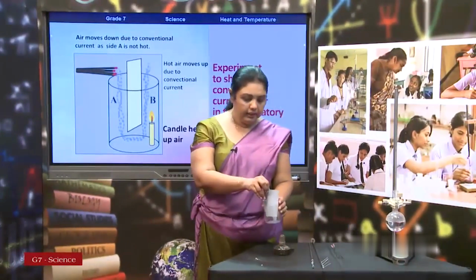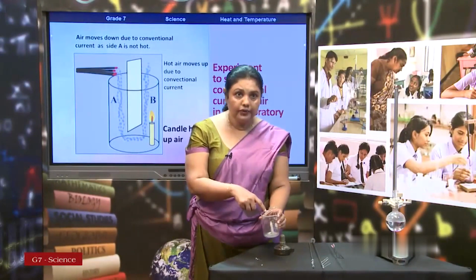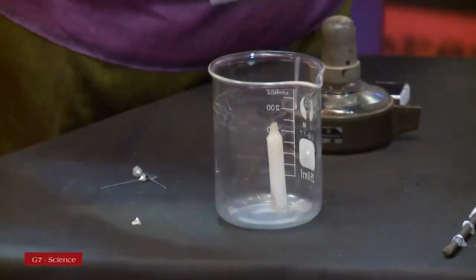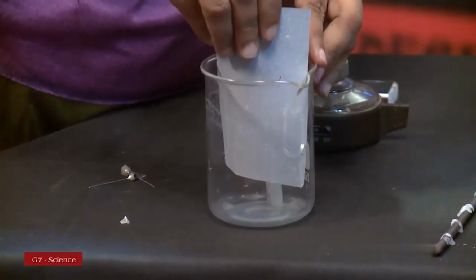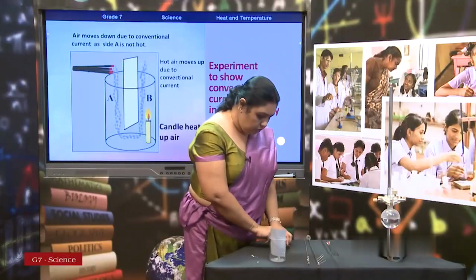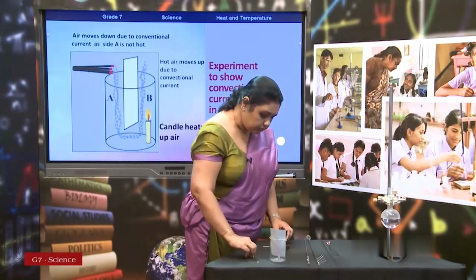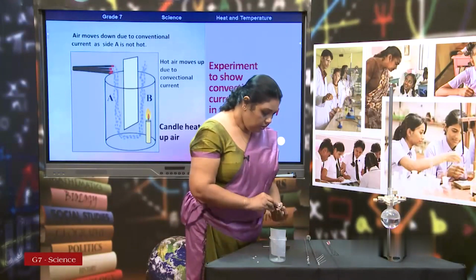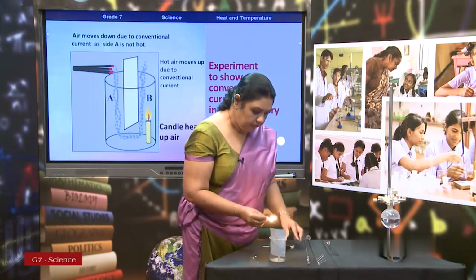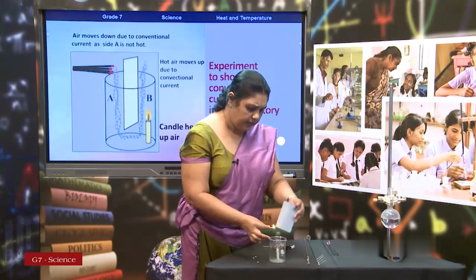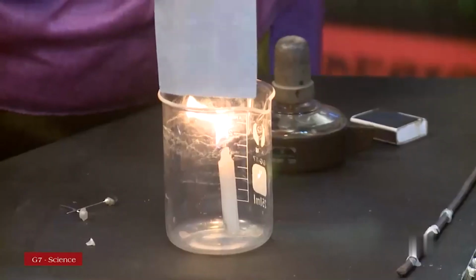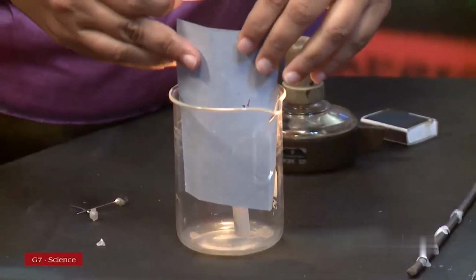Here you need a beaker. As I told you, you fix a candle there, then take a piece of cardboard or paper and keep it there, right. Then you need to light up the incense. Before that, I will light up this candle. First, you light up this candle and put this cardboard there.